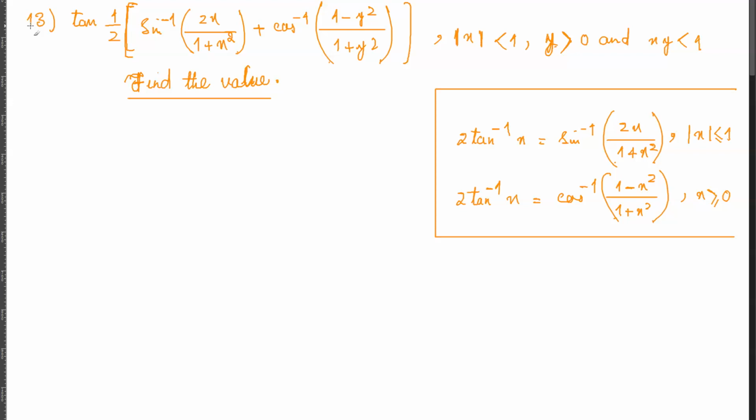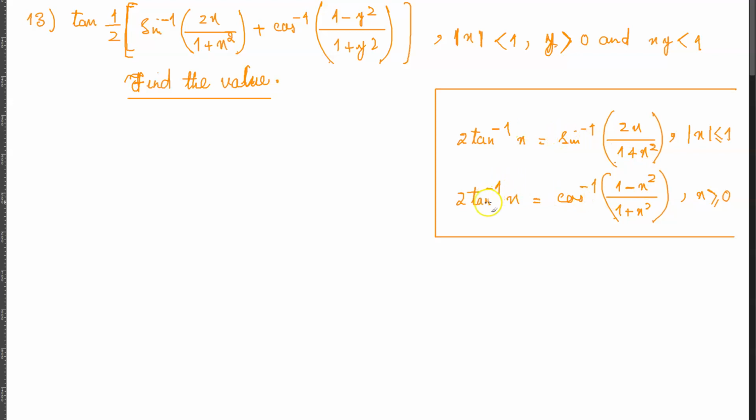Okay, so you can see that of course there is a slight problem here. Here we are saying that 2 times tan inverse of x is equal to sine inverse of this expression for x less than or equal to 1, meaning that 1 is a part of the domain of the sine inverse function and the tan inverse function.